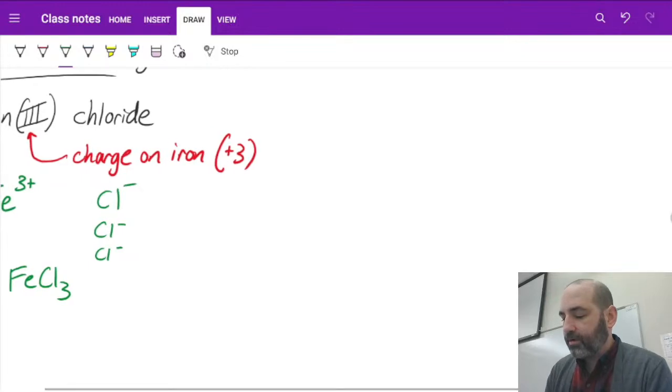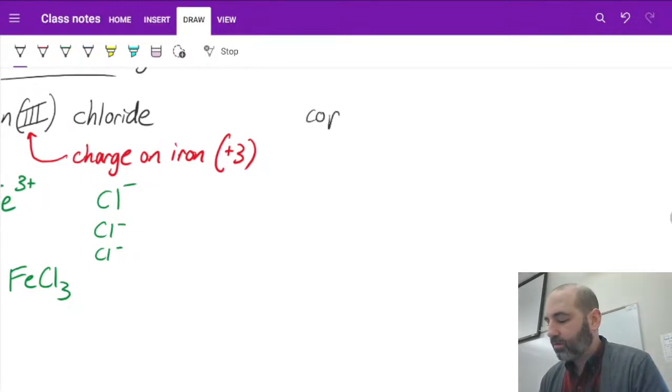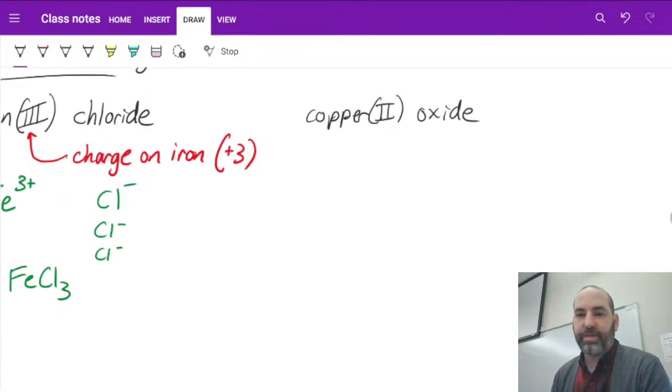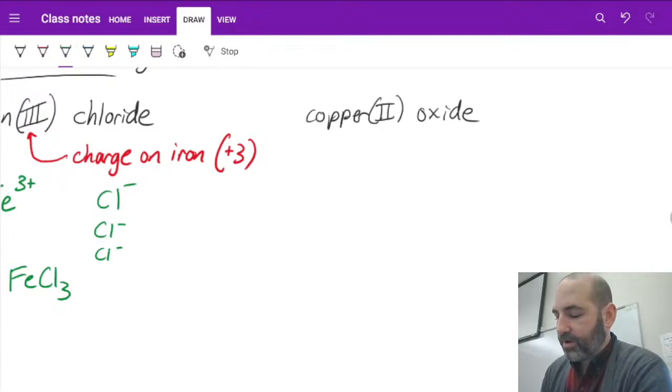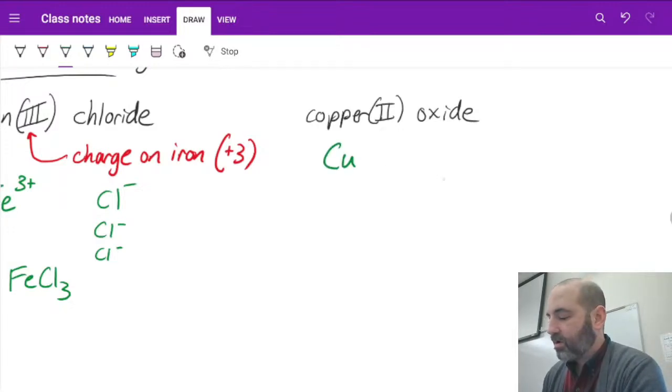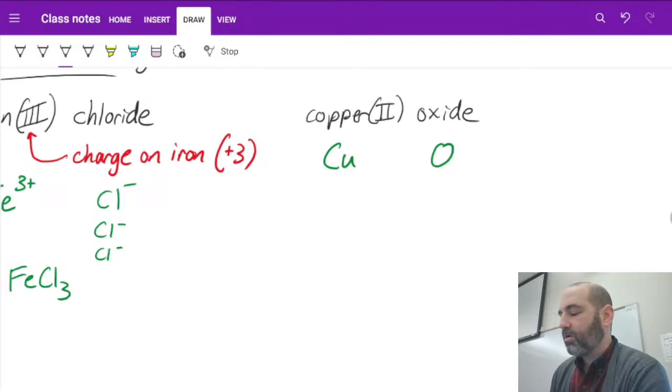So look, for example, at copper 2 oxide. We'll try that one. So copper is Cu. Oxide comes from oxygen, which is O. Now we need to find the charges in order to build the compound.